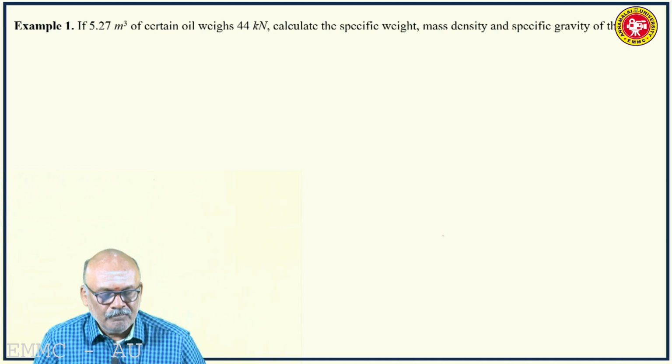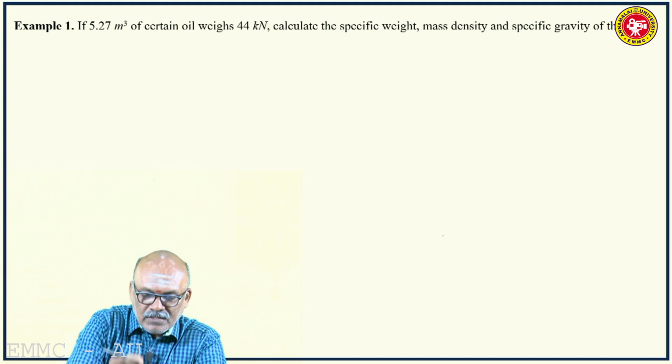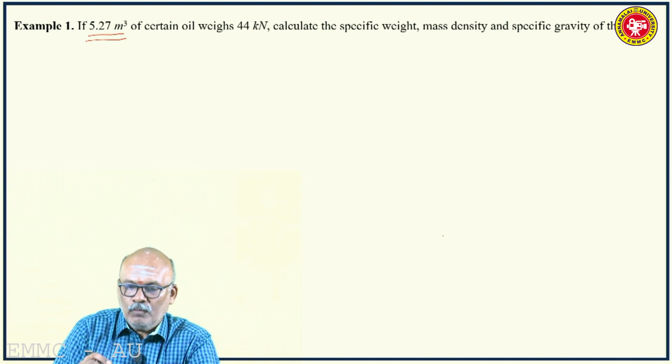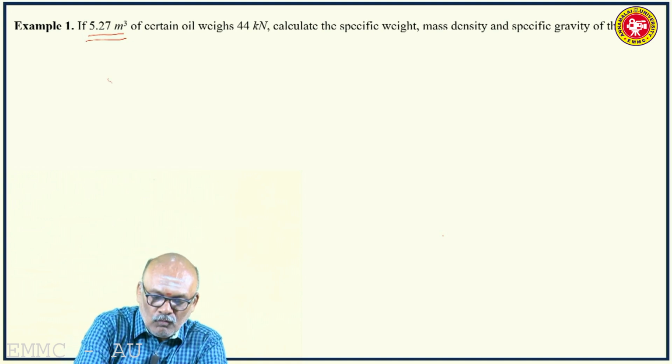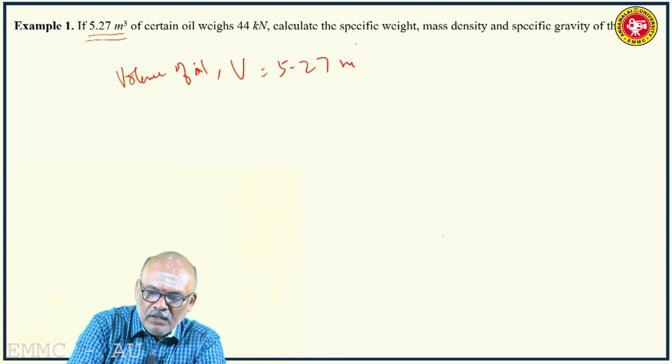Let us first list the data with proper notation. 5.27 meter cube speaks about the volume of oil, so let us use the notation V, that is 5.27 meter cube.